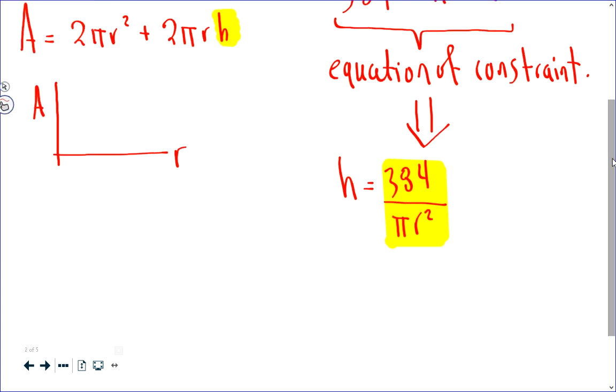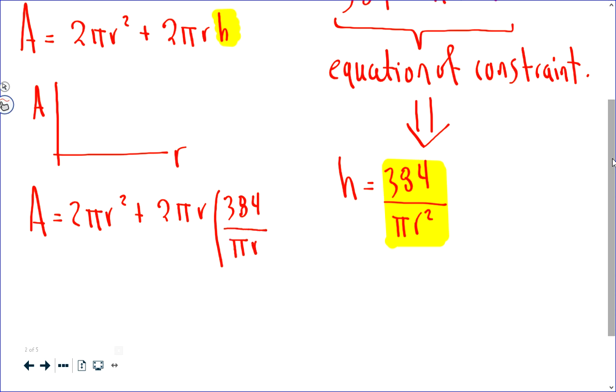That's going to give us that the area of the can is 2 pi r squared plus 2 times pi times r times the height, and the height is 384 over pi r squared.